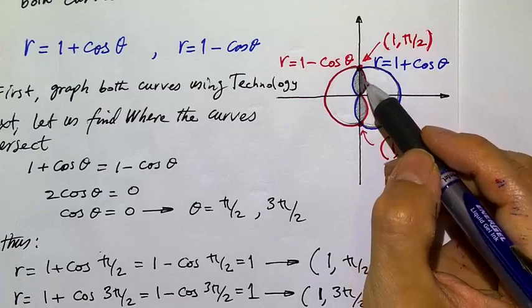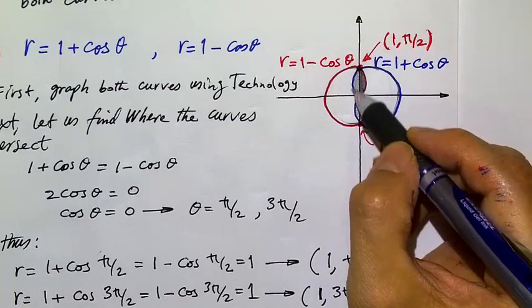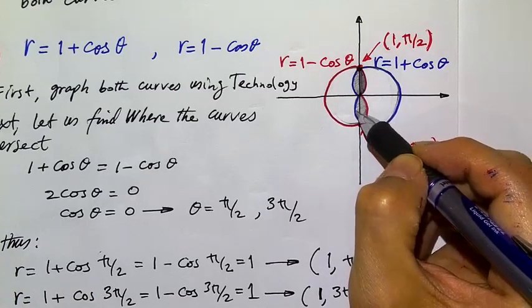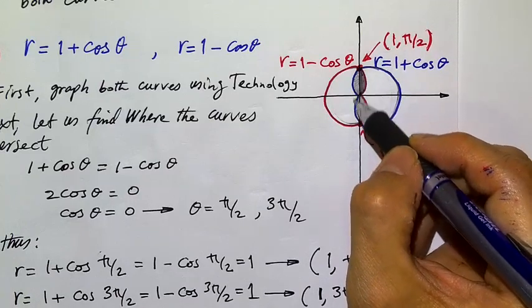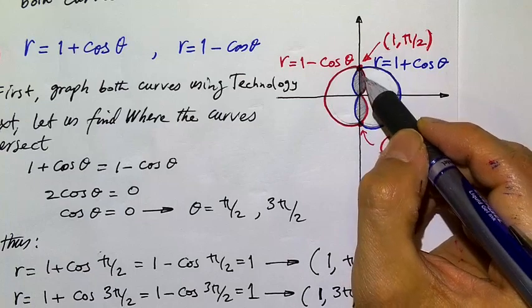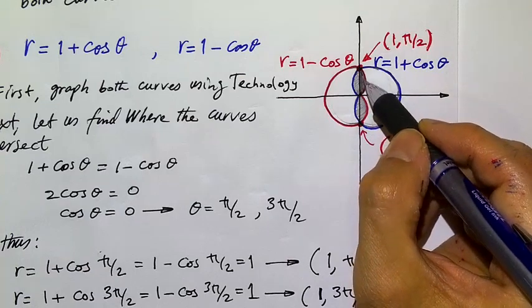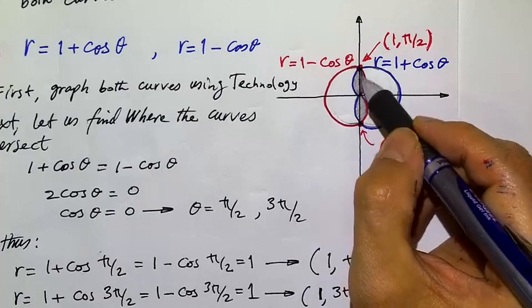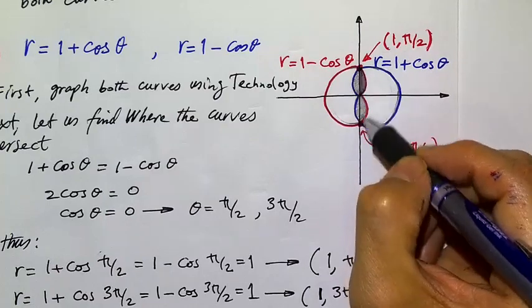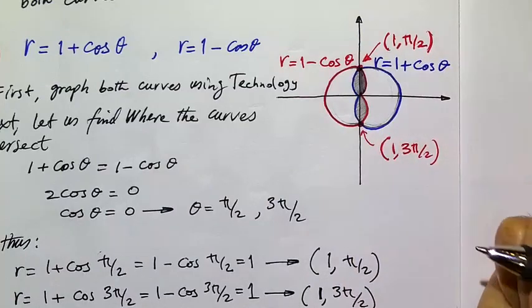I've shaded it a little bit darker than the other three regions, 1, 2, 3, 4. So by symmetry, these are all equal, so we can just multiply that integral by 4 and get the area for all of the shaded region.